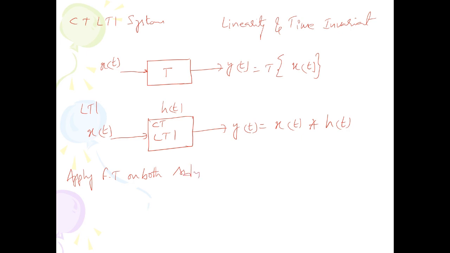The Fourier transform of x of t is X of j omega, of h of t is H of j omega, and of y of t is Y of j omega, which equals the transform of the convolution of x of t and h of t. Convolution in one domain is multiplication in the other domain. In the previous chapter you might have studied the convolution property of the Fourier transform.